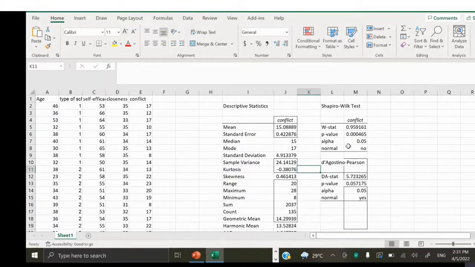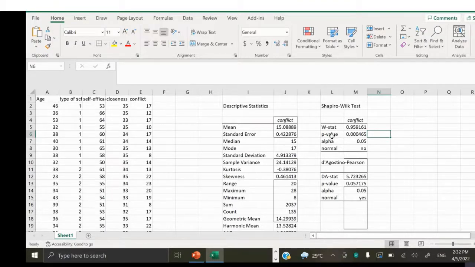You can use the Shapiro-Wilk. The Shapiro-Wilk says it is not normal. Why? Because the p-value is less than 0.05. Again, Shapiro-Wilk is a statistical technique to test for normality of a distribution.